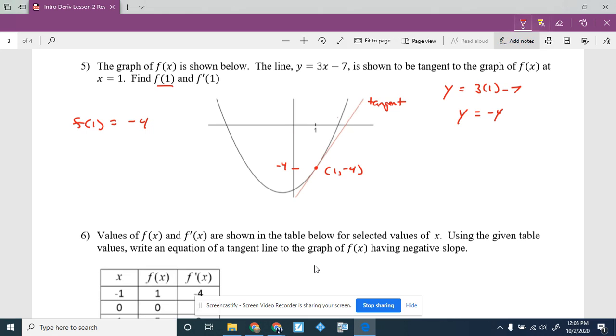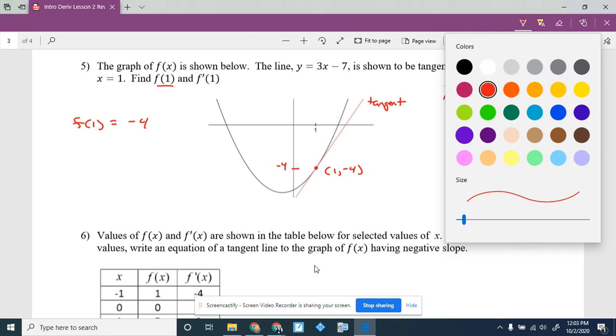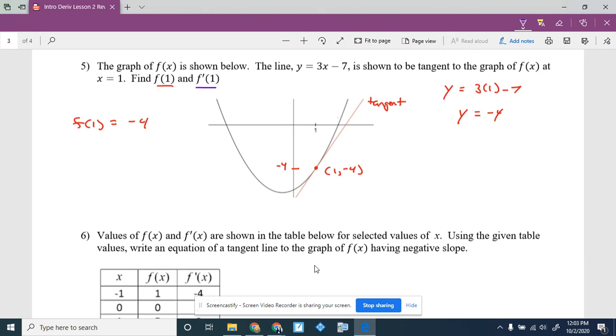Now, what about this f prime of 1? Well, again, this is what I'm saying. It's testing you on, do you know what that means? This means the derivative evaluated at 1. So graphically, that means the slope of this tangent line at x equals 1. Well, they told you what this line is. This is the line y equals 3x minus 7. And hopefully you remember from back in the day that y equals mx plus b, where b is your y-intercept and m is your slope.